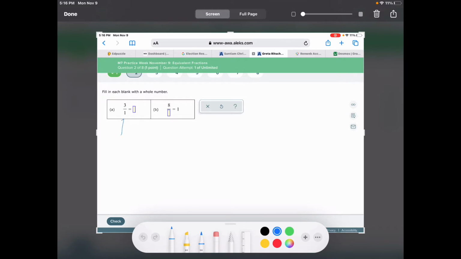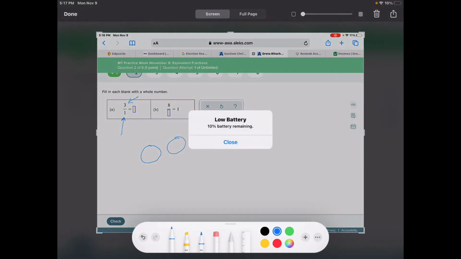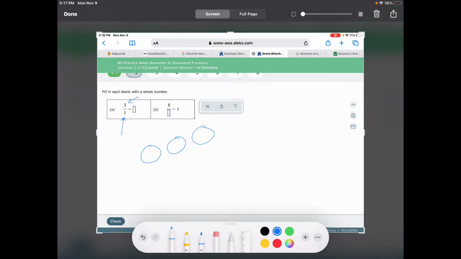This says I've only cut my thing into one piece. So if I have, say, a pizza, I didn't cut it into any pieces, and the number on the top tells me how many of those I have. In this case, I have 3 whole pizzas. So any whole number over a 1 just becomes that number. 3 over 1 is just 3.